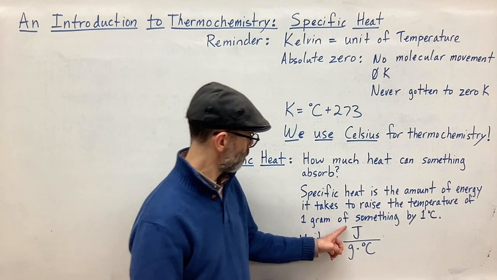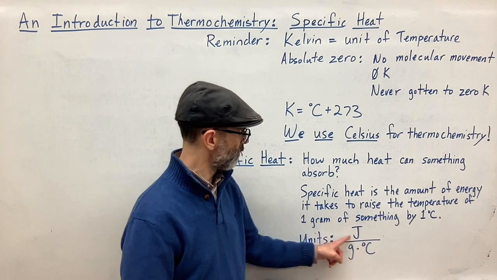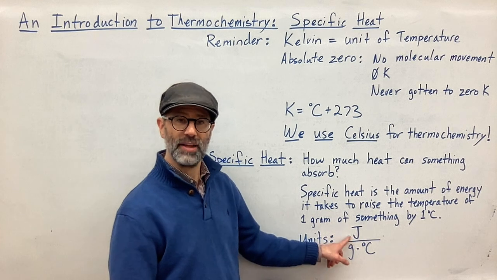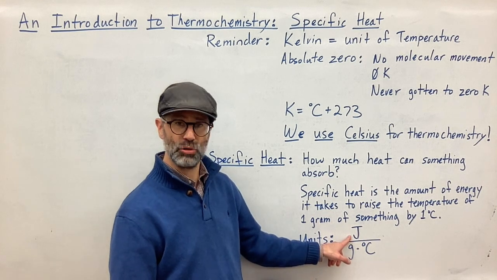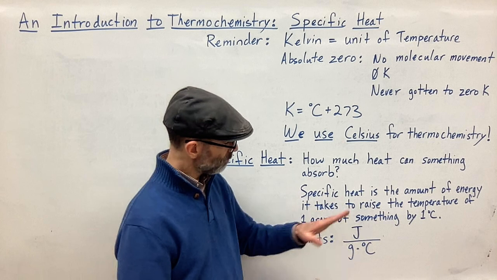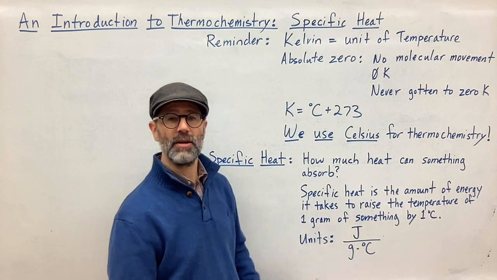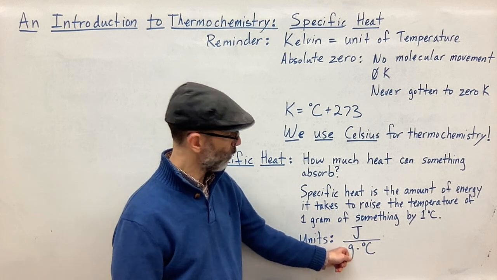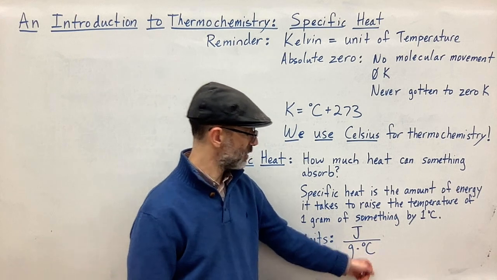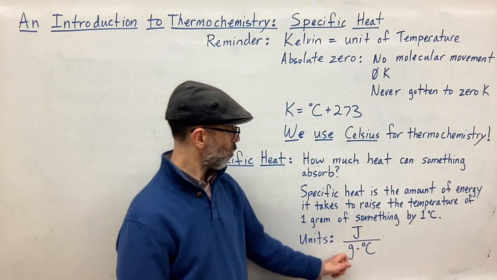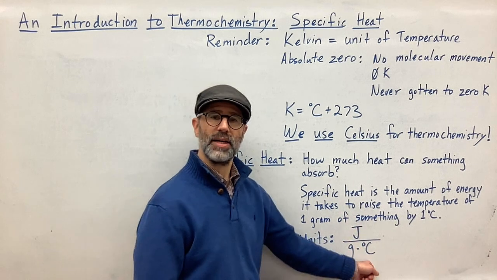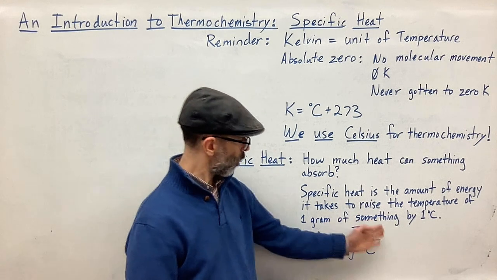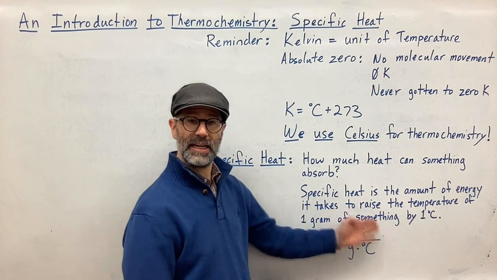Notice here that we have a joule unit, an energy unit. If I want the amount of energy, the energy is measured in joules. So I don't want grams and I don't want degrees Celsius. I just want joules.